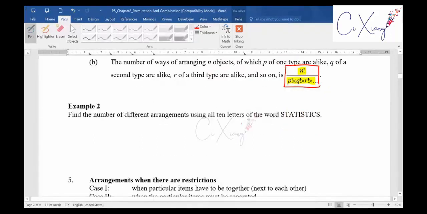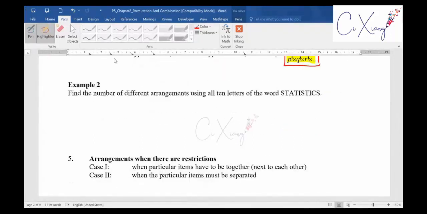Let's have a look at example 2. They are talking about the number of different arrangements. When you see the word arrangement, generally you know it belongs to permutation. Arrangement is the keyword that tells you this is a permutation question.